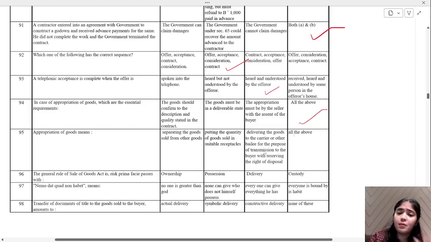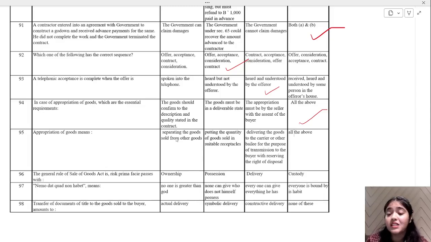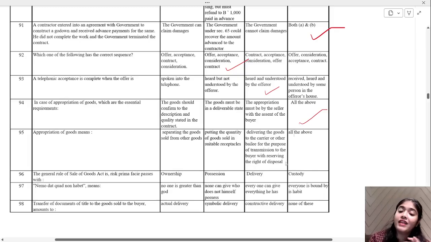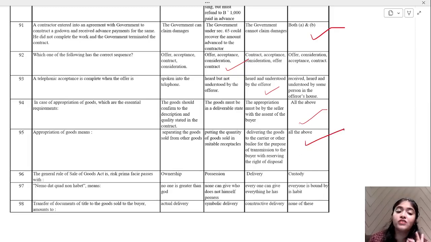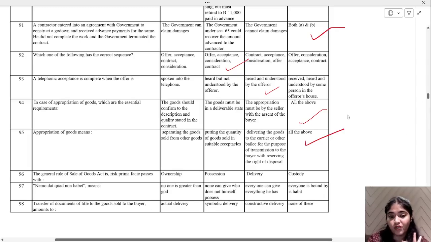Description should be right, goods must be in a deliverable state, and with the assent of the buyer. Appropriation of goods means separating the goods sold from other goods, putting the quantity of goods sold in suitable receptacles, delivering the goods to a carrier or other bailee for the purpose of transmission to the buyer while not reserving the right of disposal. All of the above things are included in appropriation of goods.